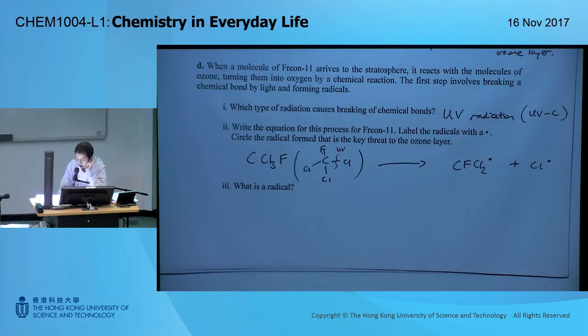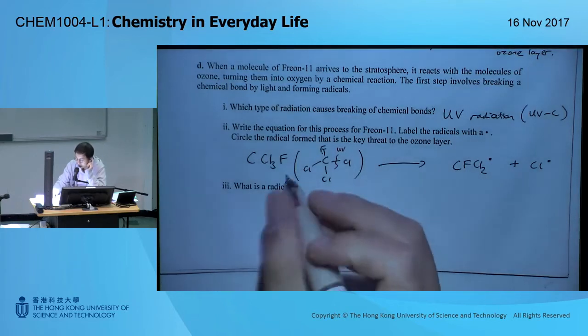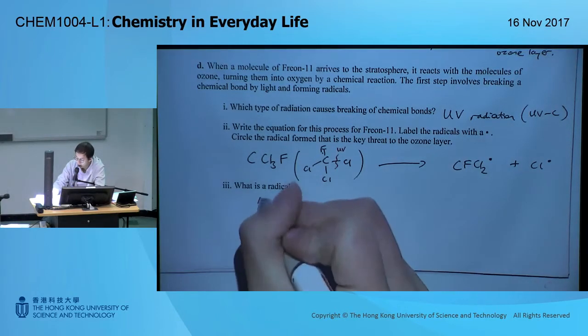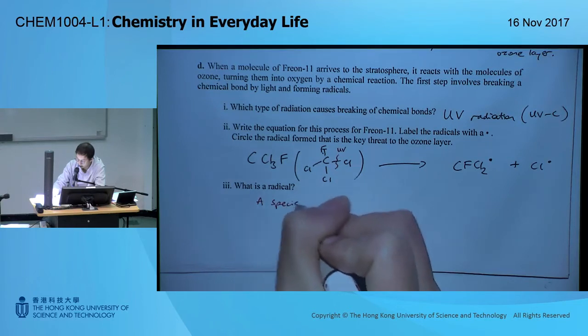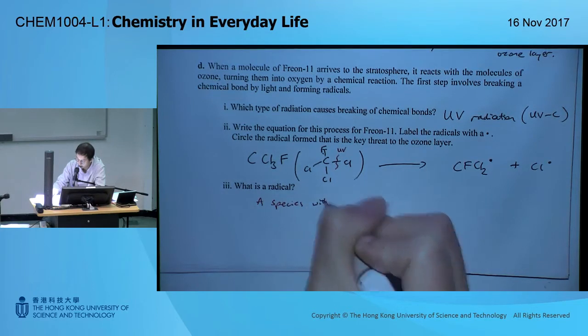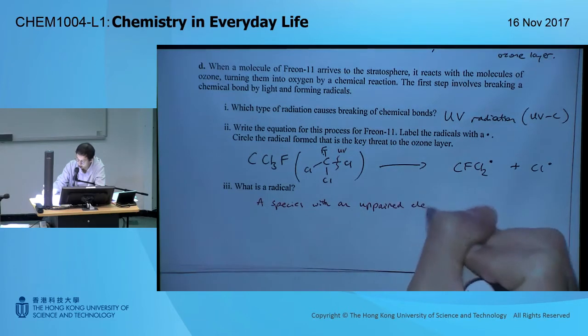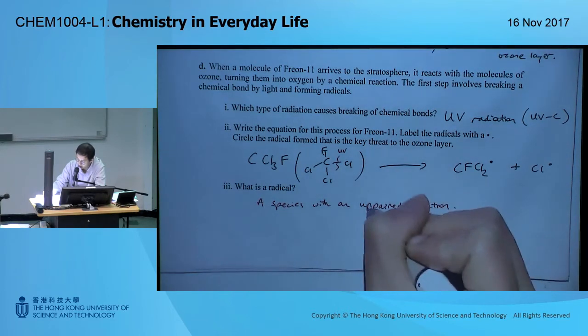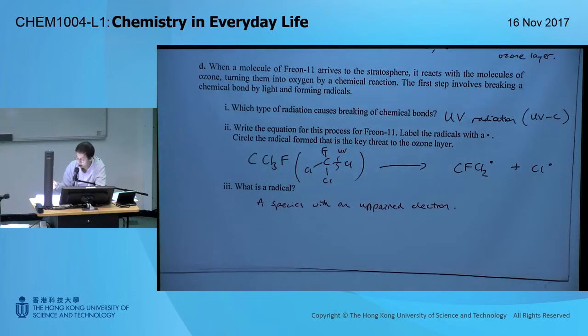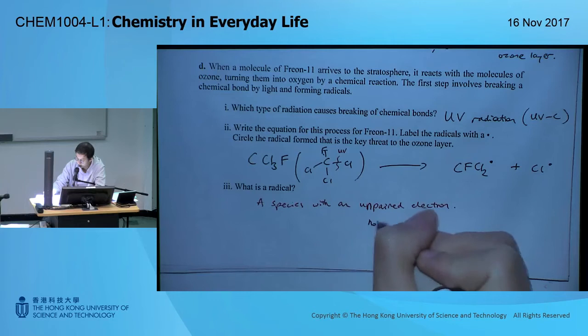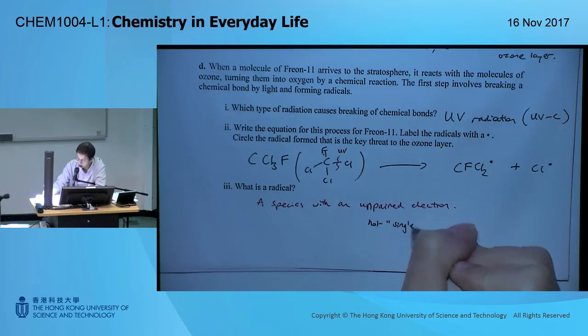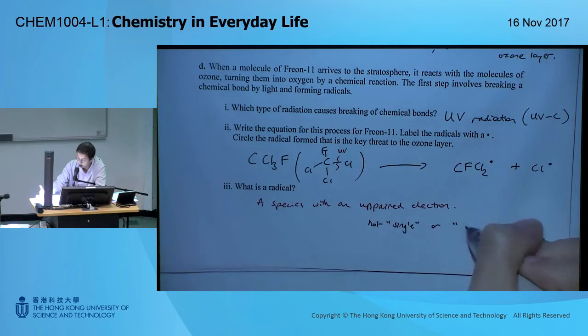So what is a radical? A radical is a species with an unpaired electron. It is not a species with a single electron, or some people say lone electron.